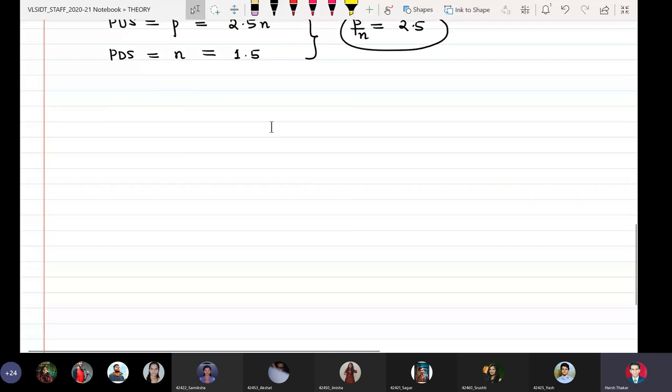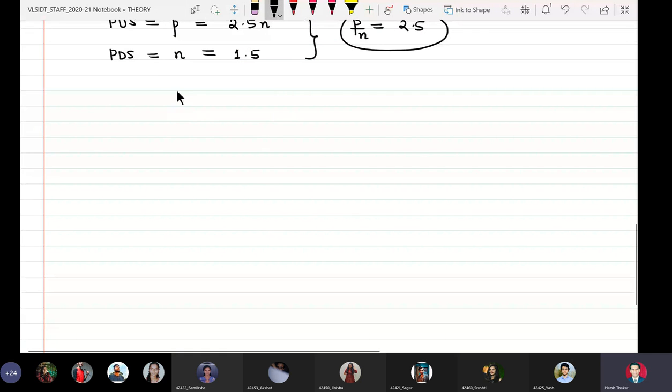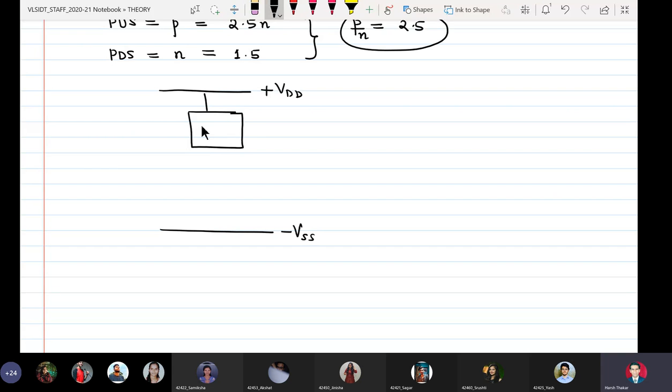So we again come back to the generic block diagram of a CMOS system, which we discussed before, and we can put down the values of PUS and PDS here. A generic CMOS system has VDD and VSS rails, and here I have my pull-up network and a mirror image of it, the pull-down network.